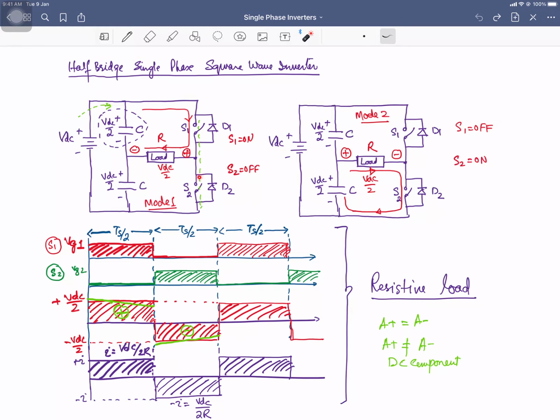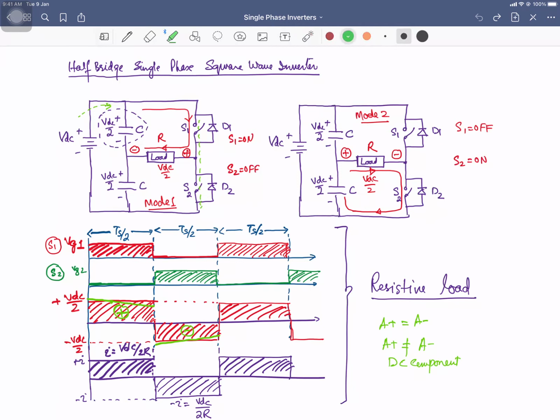Similarly, if you look at the gate voltage of the switch S2, it is off for 50% of the total time, and then it is on for the rest of the time. So, its duty cycle is also 50%. So, we generate two gate signals each of 50% duty cycle, and we apply them to these switches S1 and S2. Whatever is the shape of your gate voltage appears across the load.